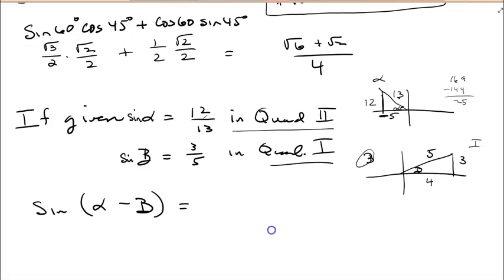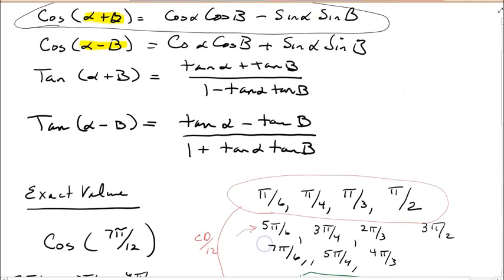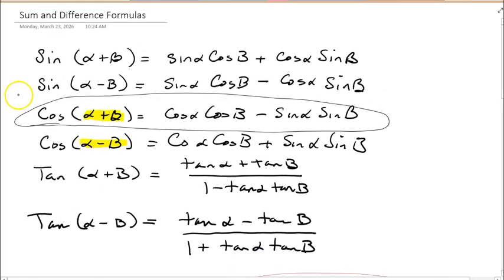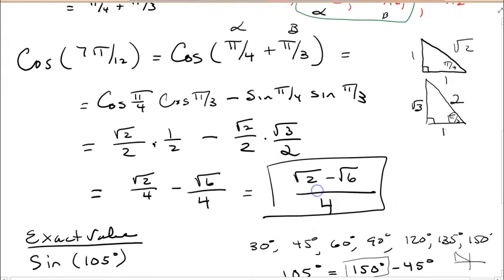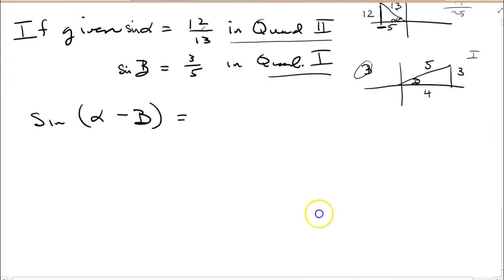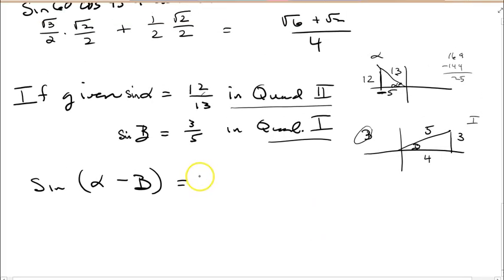Now we can just simply apply our alpha minus beta formula, which is this second one right here. So sine alpha cosine beta minus, so let's start with that. So we have sine alpha cosine beta minus cosine alpha sine beta.